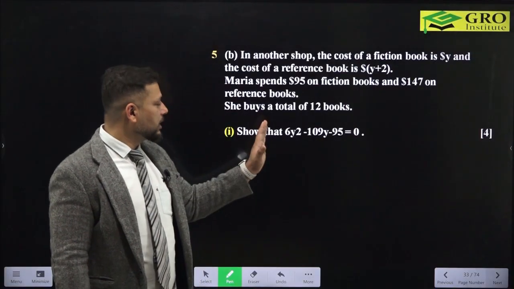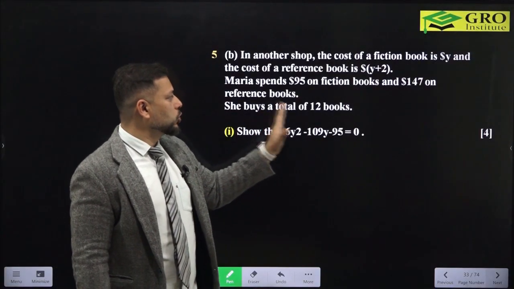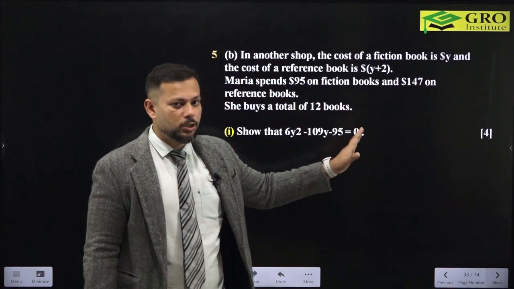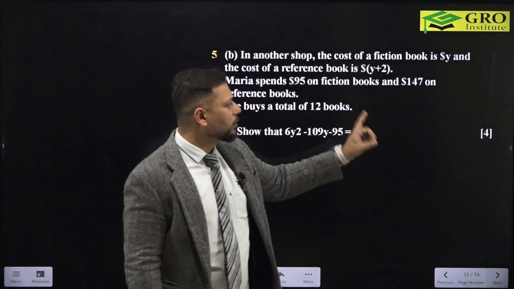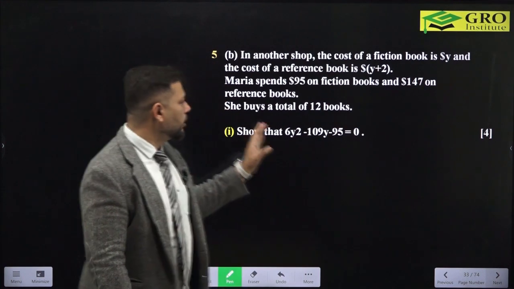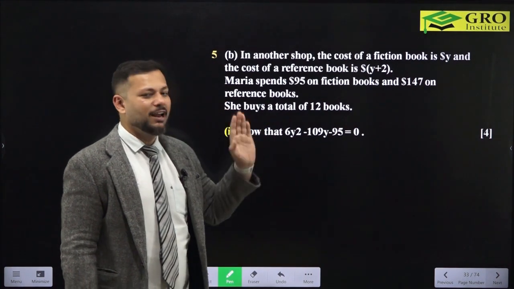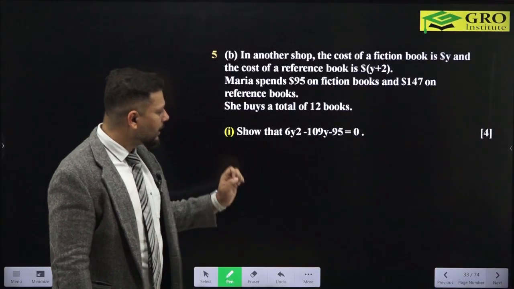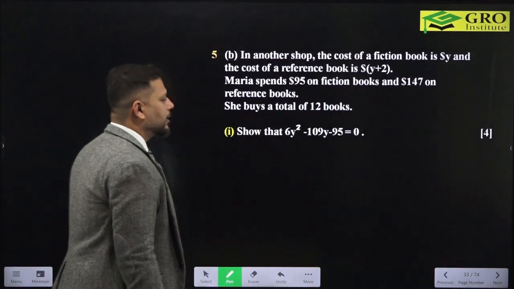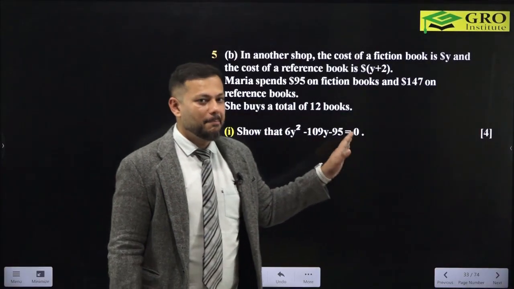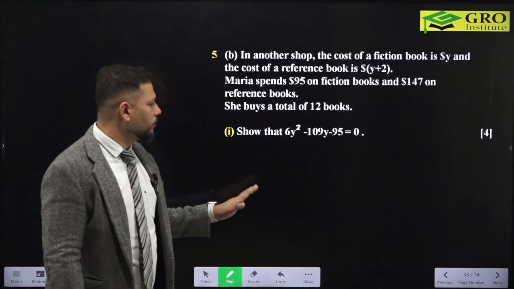Guys, let us read it again. Maria has spent total $95 on fiction books and she has spent $147 on reference books, and she buys a total of 12 books. Show that 6y square minus 109y minus 95 equals to 0.